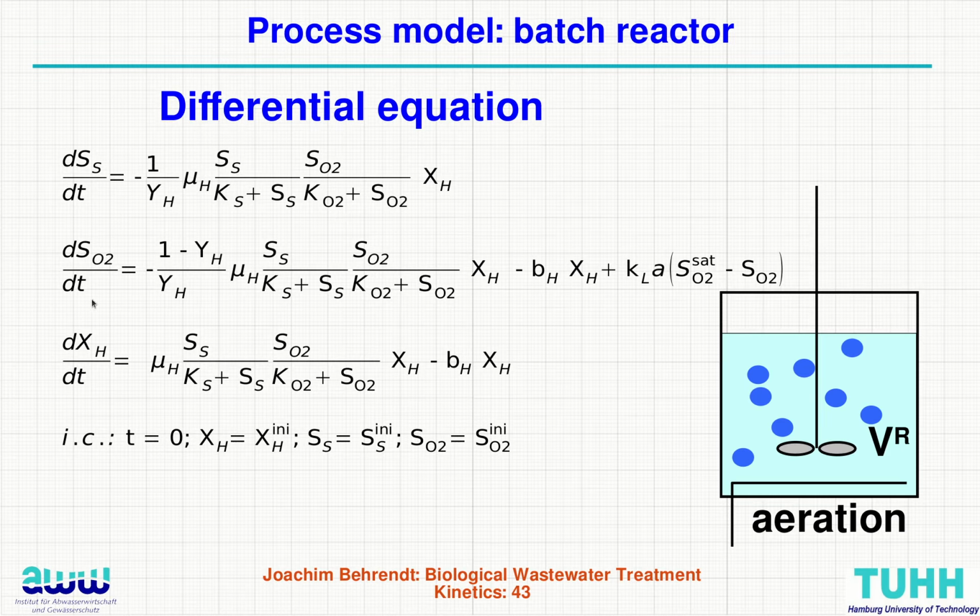Yes, for the oxygen we have the same. We have, of course, another stoichiometric coefficient. This special form comes from the biomass being measured as COD in this case. And finally we have here the same, the substrate uptake.